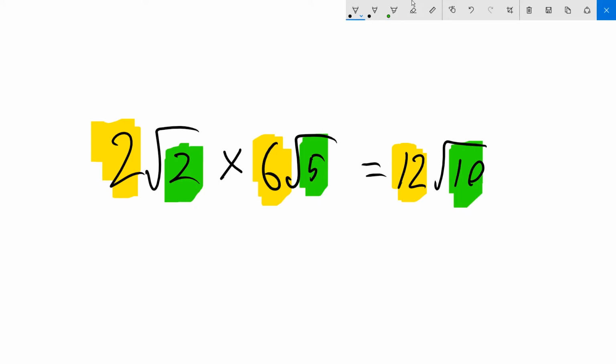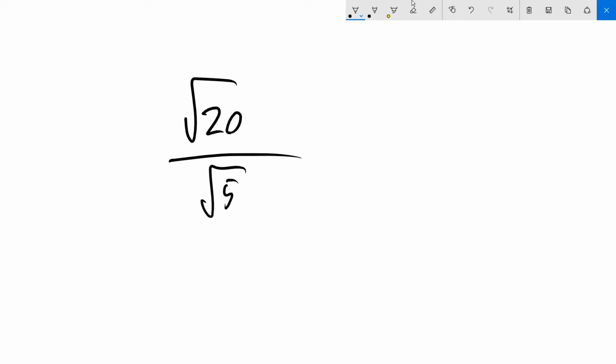Okay, now that we've looked at simplifying and multiplying, let's take a look at dividing. So let's take a look at root 20 over root 5. How are we supposed to divide these two surds here?